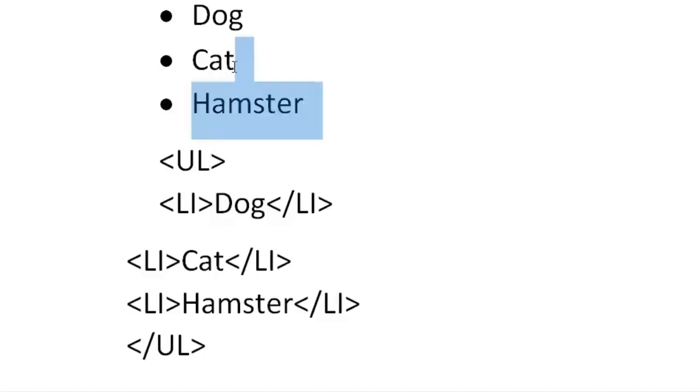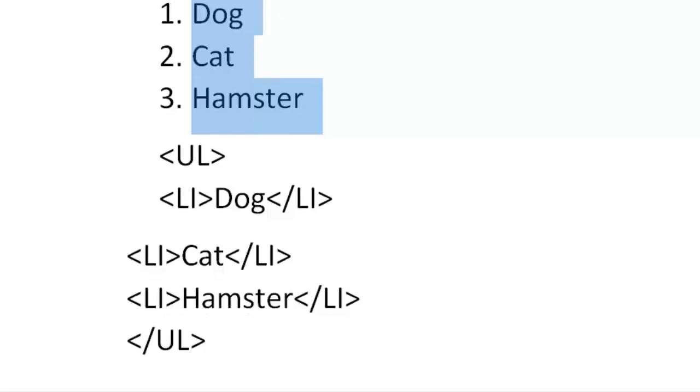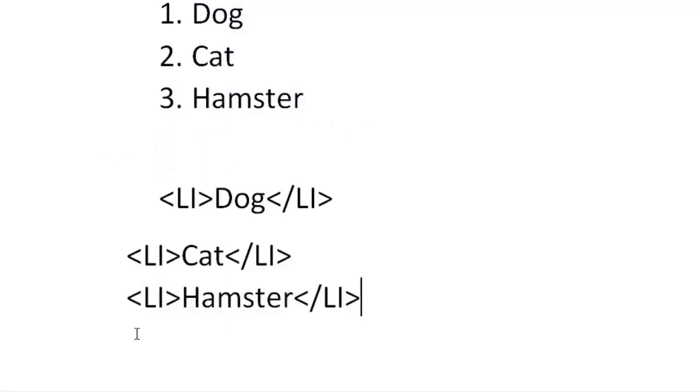All right. So now that you understand that, what I want to talk about now is ordered lists. Now, ordered lists are going to be something like 1, 2, 3, 4, 5, right? So if I switch it to this, the only items that need to change here are the open tag and the close tag. Everything else, the LIs stay the same. Now, if you think about the abbreviation for ordered list, that's OL, right?